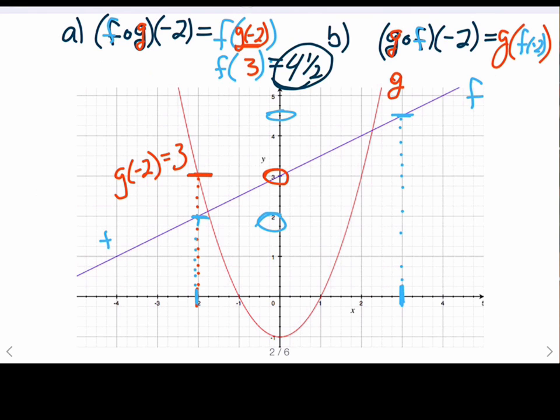So we can say that f of -2 is equal to 2, which means that g of f of -2 now becomes g of 2. And so I need the function value of g when x is 2, and the parabola has a value of 3. And so the answer here is going to be 3.